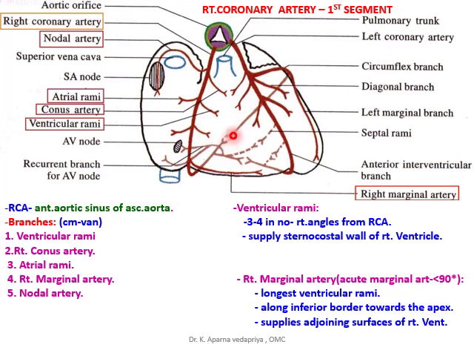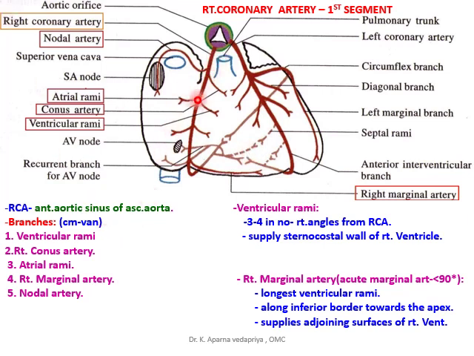So in 60% of cases, it anastomoses with the circumflex slightly towards the left of the crux, and in a few cases it may reach the inferior border and anastomose with the circumflex, or in very rare cases it may anastomose with the circumflex between the atrioventricular groove and the inferior border of the heart, somewhere here.